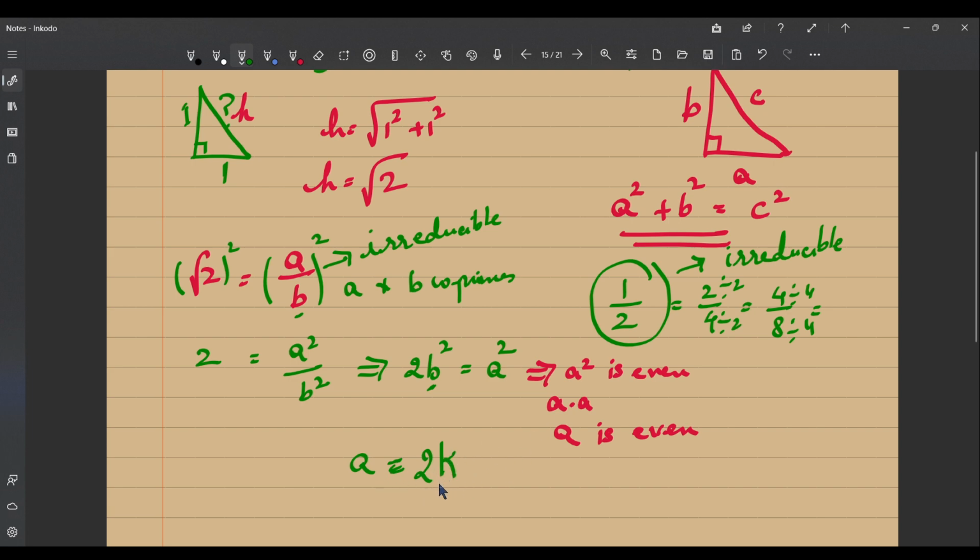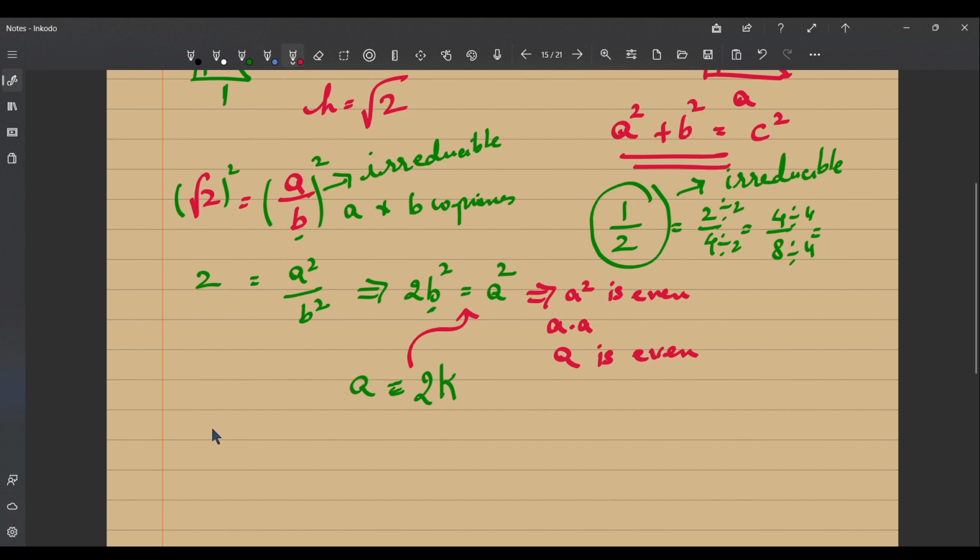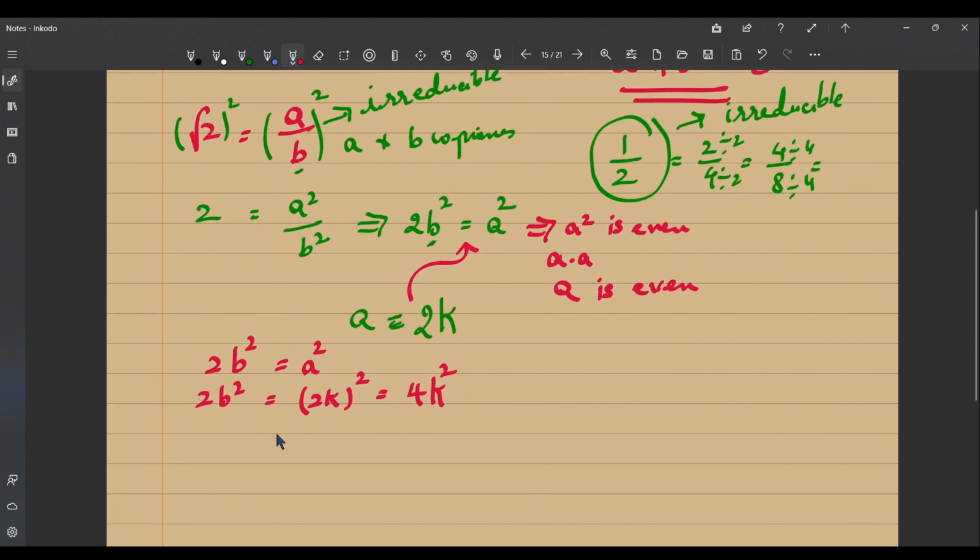So a is equal to 2k. Now if a is equal to 2k, let us substitute a in this equation again. We have 2b squared is equal to a squared already. But we know that a is equal to 2k, so 2b squared is equal to 2k the whole square, which is 4k squared, or in short, b squared is equal to 2k squared, which once again implies that b squared is even.